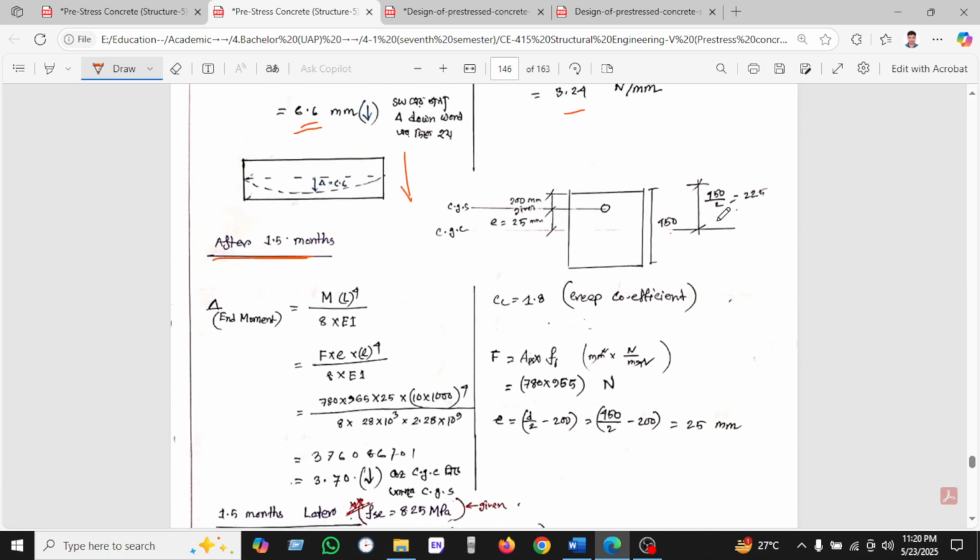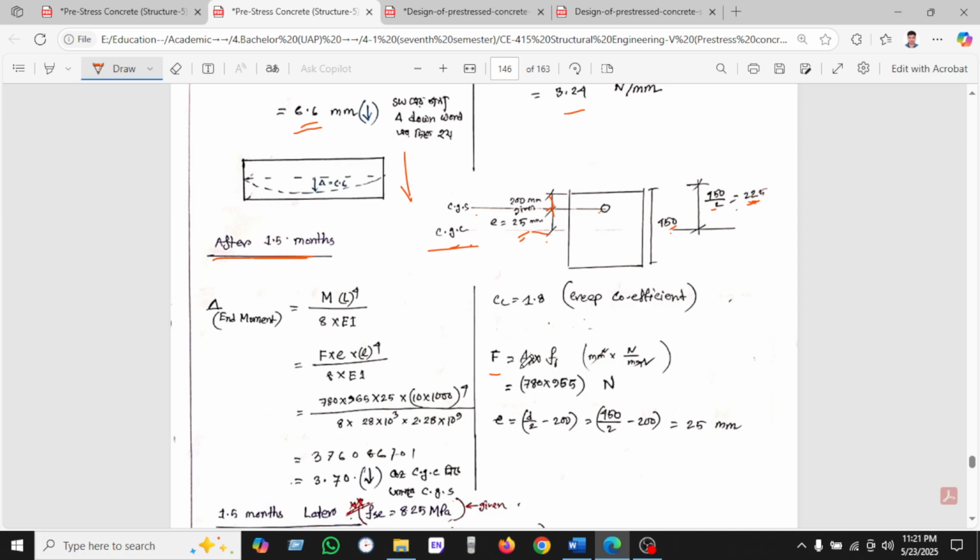The CG will be 450 divided by 2, which is 225, and the distance between this and this is the eccentricity, which is 25. So you can see it is the distance between CGS and CGC. Okay, it will be important.